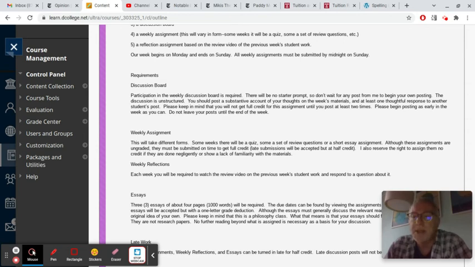And your replies to other student posts should be substantive in the sense that they shouldn't just be a nice post or 'I agree' or 'that's interesting,' but should actually address something specific about that student's post. Please keep in mind that you will not get full credit for this assignment until you post at least 2 times. So your post of your own thoughts should be distinct from your post which is a reply to someone else's thoughts.